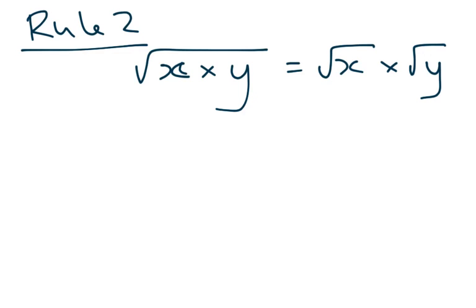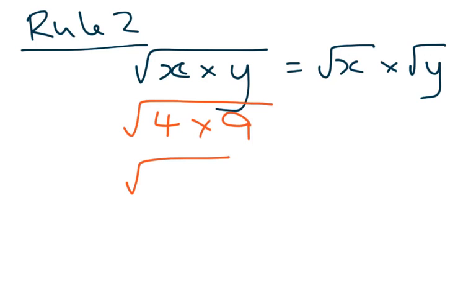Okay, so let's have a little look why that works. If I use 4 times 9, so the square root of 4 times 9, so underneath the square root sign, we've actually got 4 9s are 36, don't we? And then we should all know that a root 36 is 6.